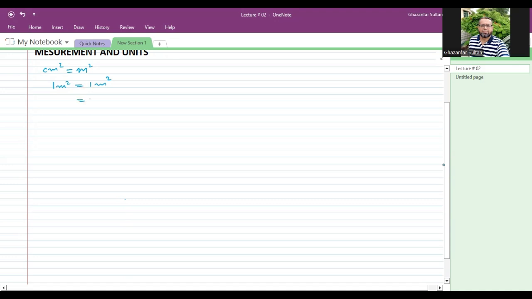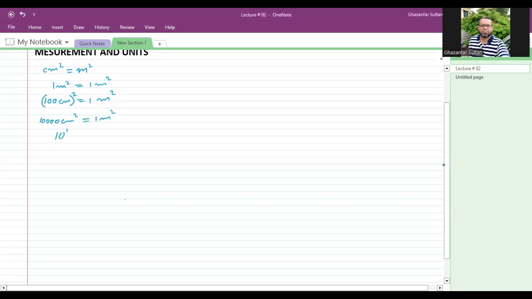On one side, you have to keep meter square, so keep it as it is. But here, 1 meter is equal to 100 centimeter, and it is the square of this. So it becomes 10,000 centimeter square is equal to 1 meter square.